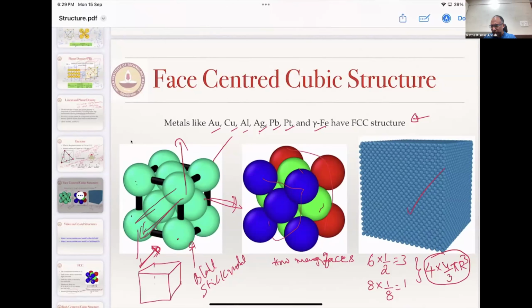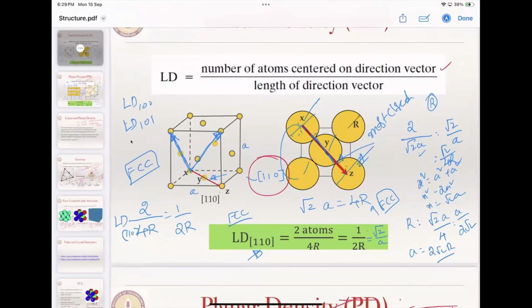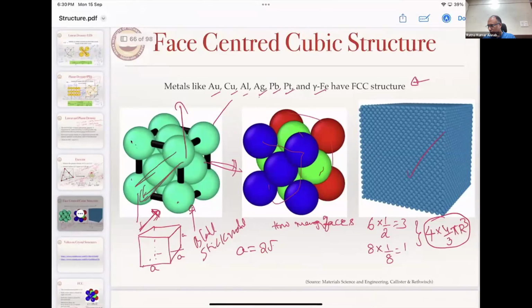That is the space occupied by the unit cell. This is a, that is a, that is a. What is a in terms of r? a is equal to 2 root 2 r.